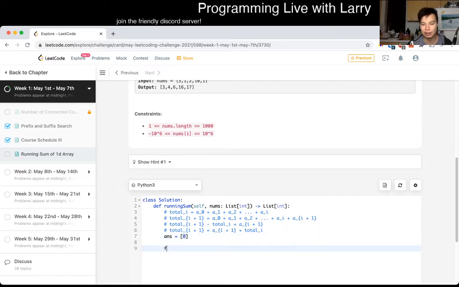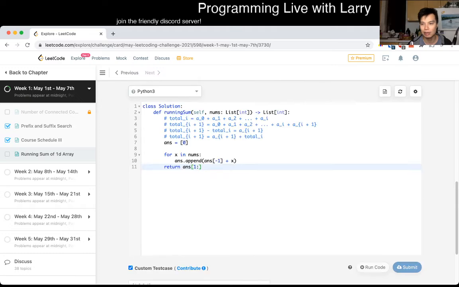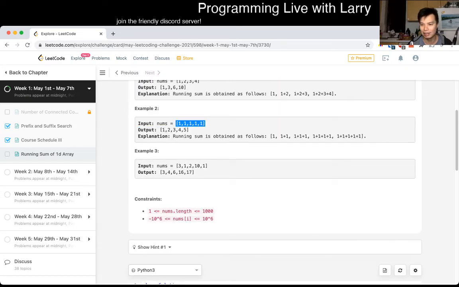So then now I just do for x in nums, and then I just do this. And then we return the result, but without the 0, at least for this case. So we just do something like that, and it should be okay, because I've done this enough times already.